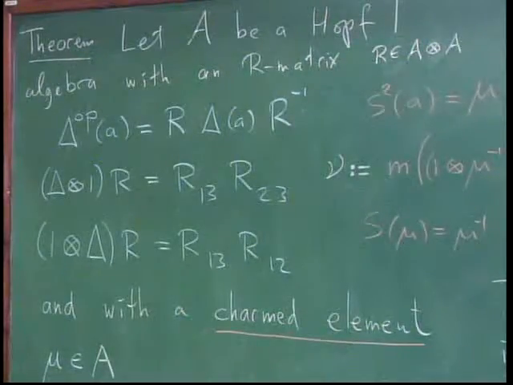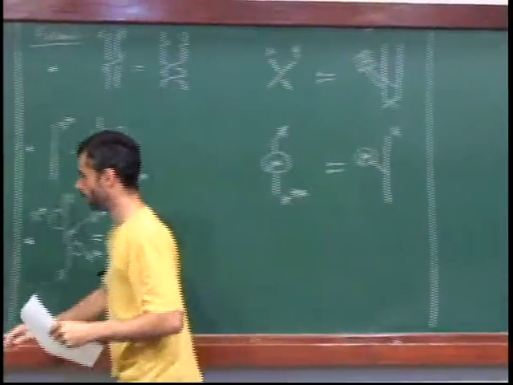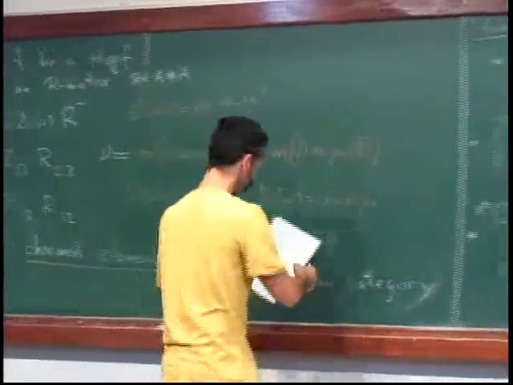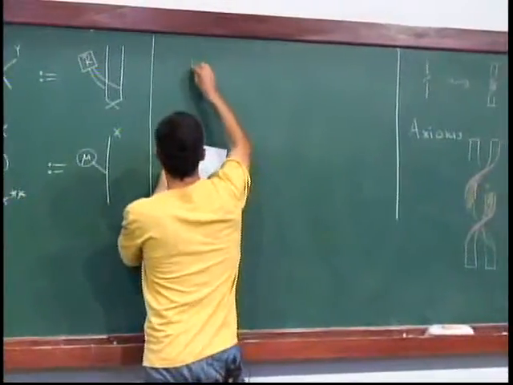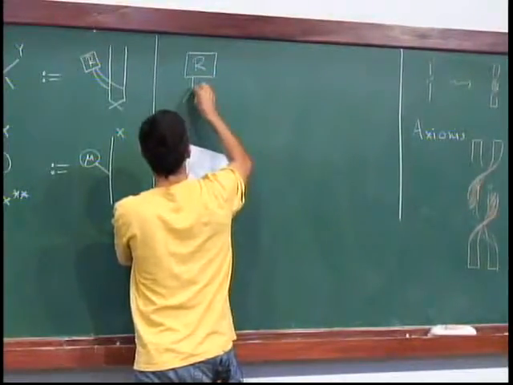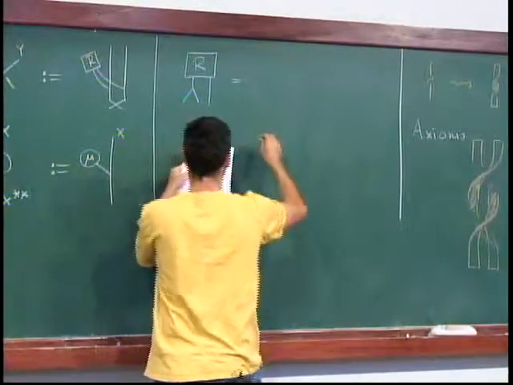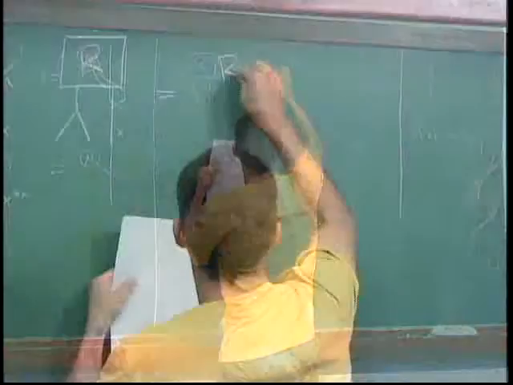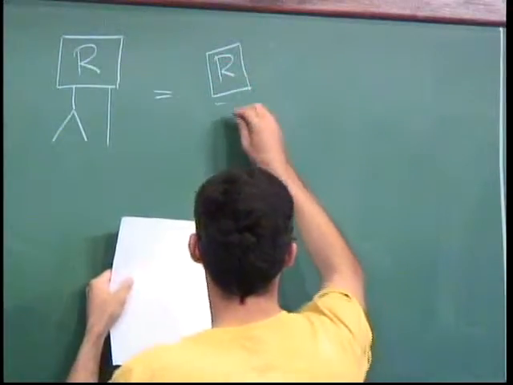Let's see. I had used blue, so let me write blue again. So if I have R, and I do the coproduct on R on one leg, that should be the same, according to the first axiom, to the following.